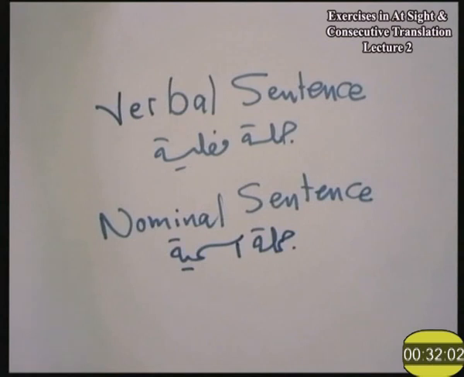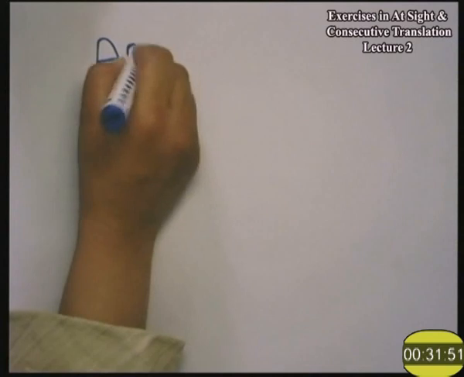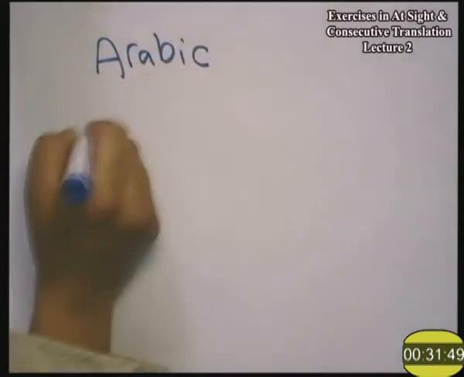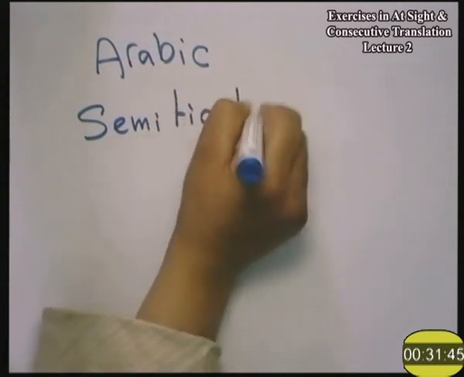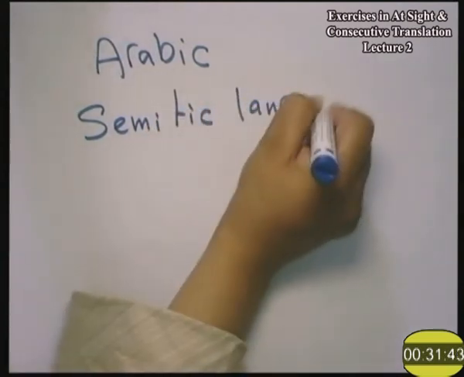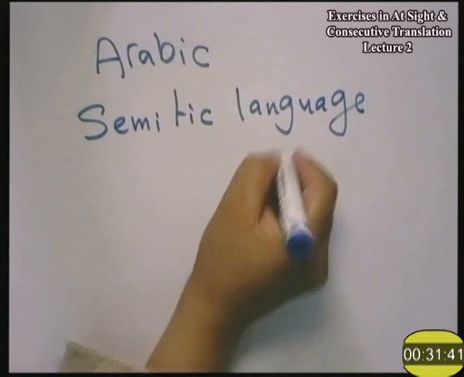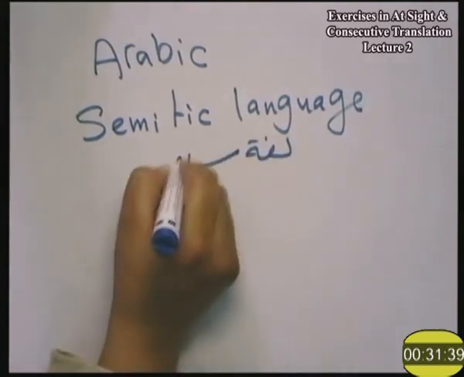This has to do with the difference in the nature of each language. We are dealing with two totally different languages. As you know, Arabic is a Semitic language, لغة سامية من اللغات السامية.